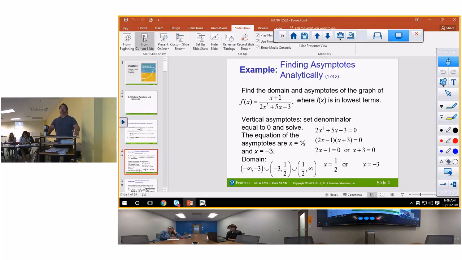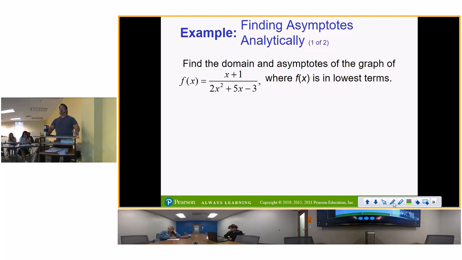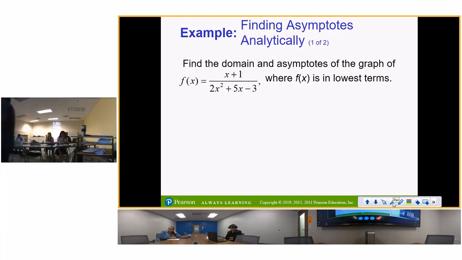There we go. Okay. So first of all, I'm going to set the denominator equal to 0.